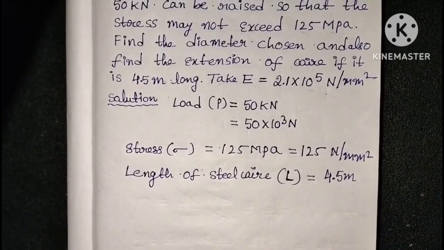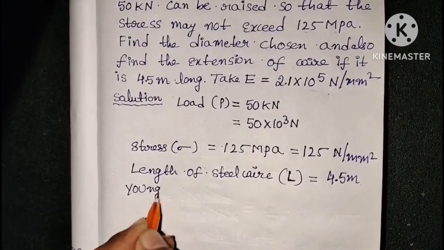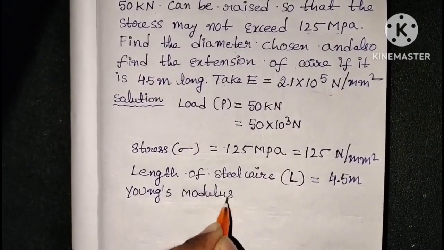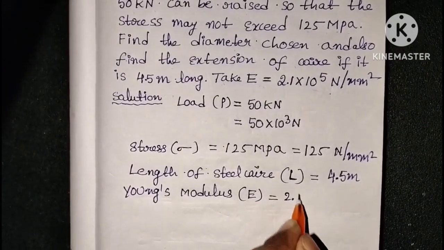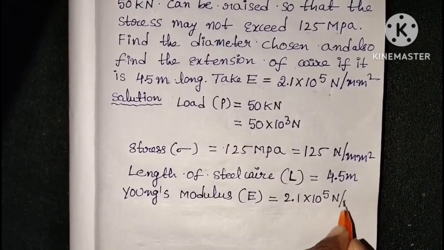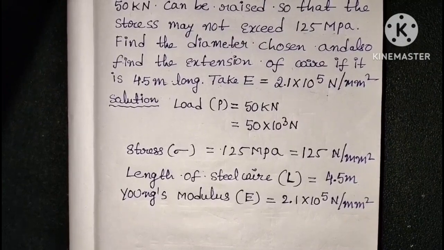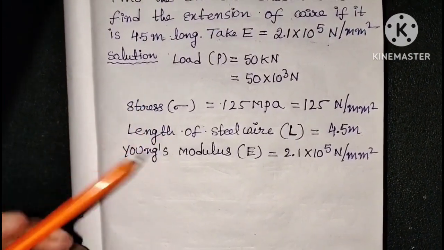And Young's modulus E is equal to 2.1 into 10 to the power of 5 Newton per mm square. So this is all about the given data.